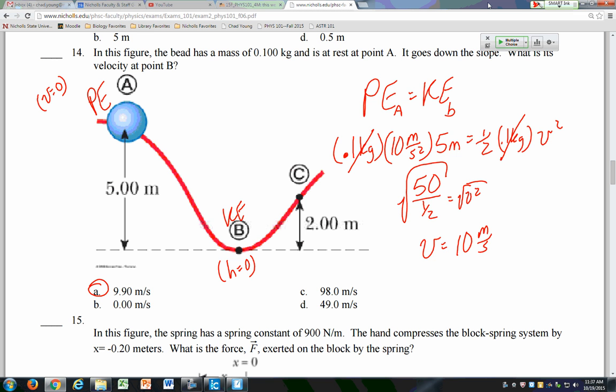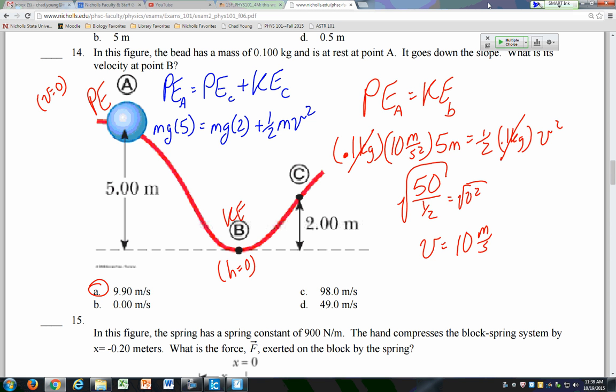So in this one, if we were instead looking at point C, we would say the potential energy at point A is equal to the potential energy at point C plus the kinetic energy at point C. And then you would solve then for the velocity at point C. Be careful with your positions, because note the positions are different. I would have mg times 5 equals mg times 2 plus 1/2 mv squared.